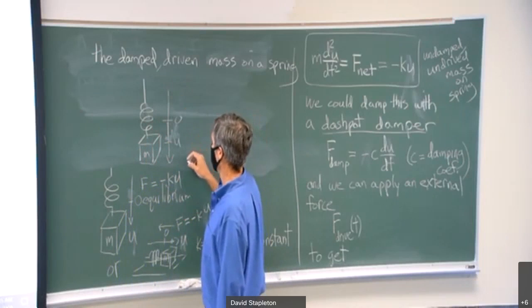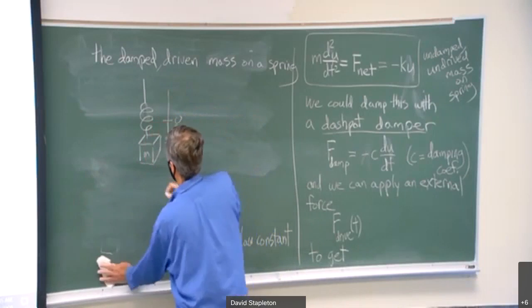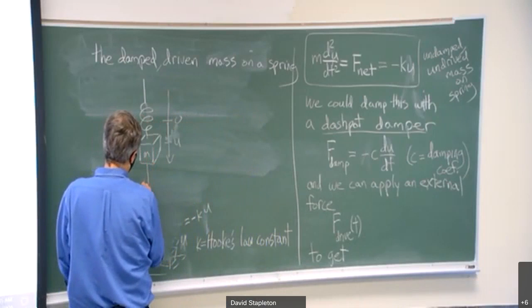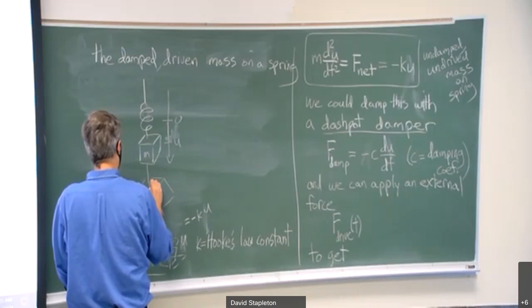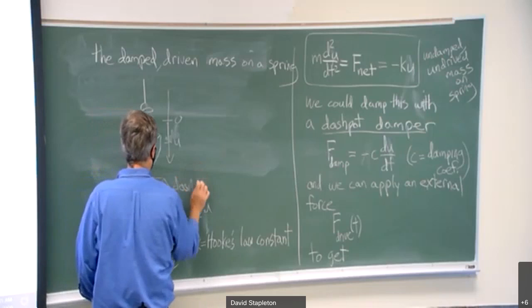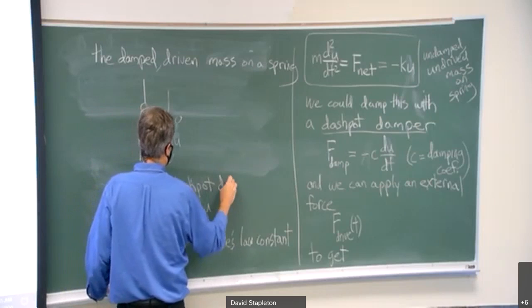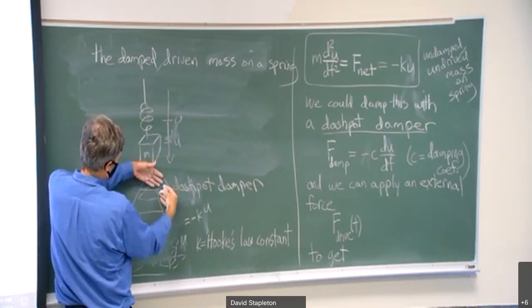It has now possibly some object maybe attached at this end. And we'll call this a dashpot damper. Here's going to make kind of a shape like this in two dimensions.